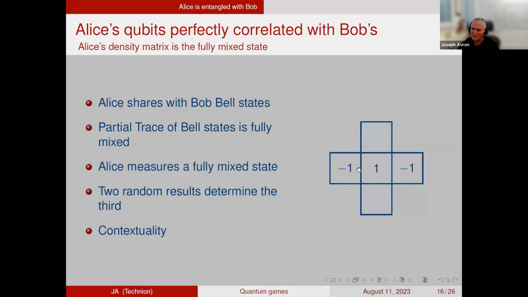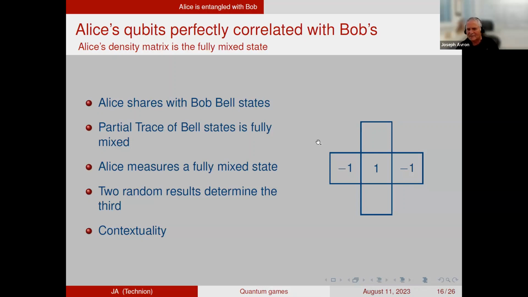So for example, if Alice would be given this second row, the outcome could be, say, -1, +1, -1, and there is a constraint that the product of the 3 entries in a row has to be +1, because this was how this table was constructed.